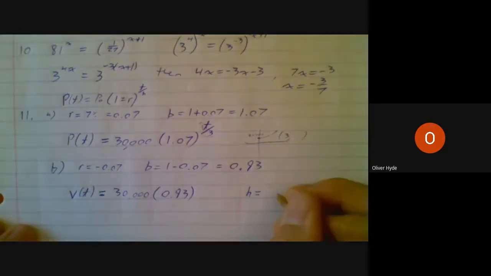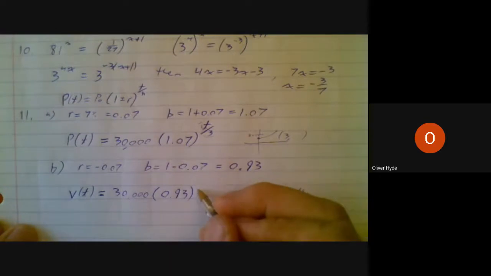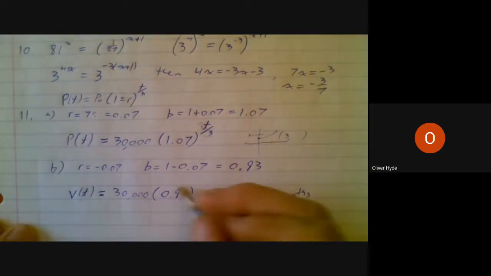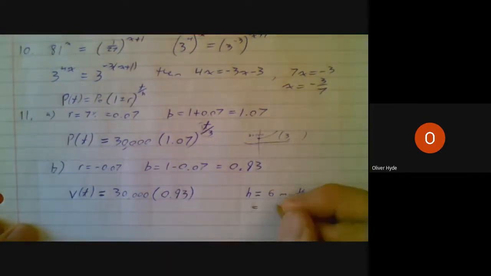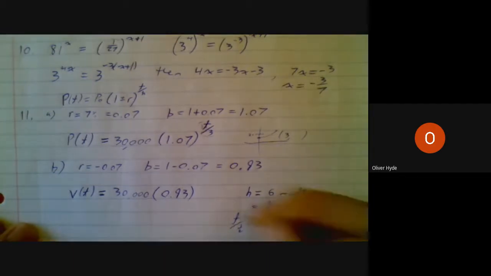My length of a decay period here is 6 months, but that needs to be measured in years. If I did t divided by 6, that would mean that it decays by 7% every 6 years. 6 months is 1/2 of a year. If I do t divided by 1/2, that should be simplified to 2t.